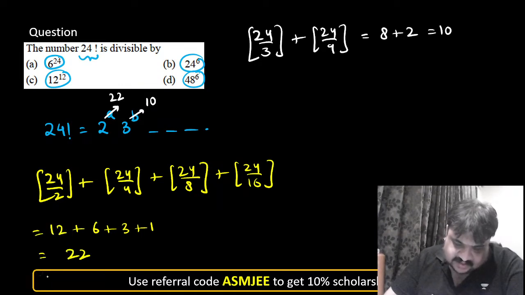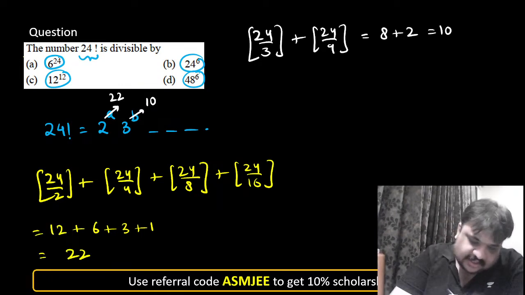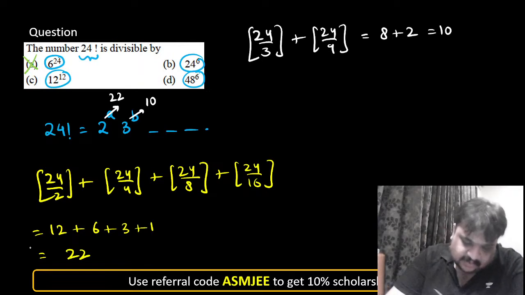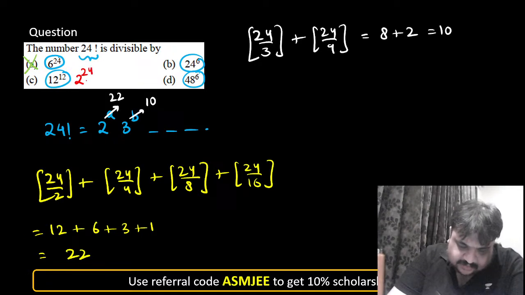So 6 raised to 24 is not possible because we don't have enough 2. 12 raised to 12. For 12 raised to 12 we need 2 raised to 24 and 3 raised to 12. No, not present.